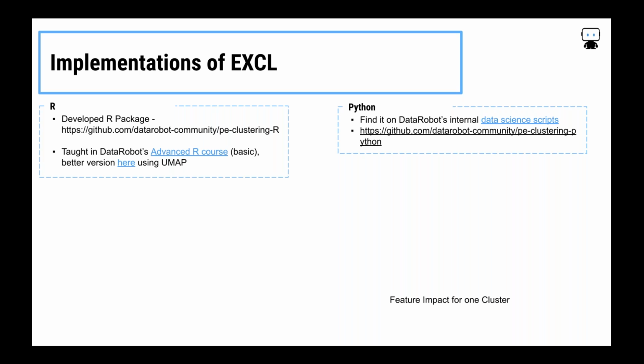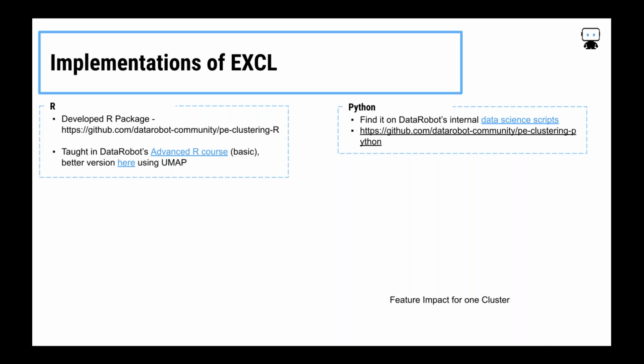Right. We have a number of different implementations that we've made of our explanation clustering, and this week we put them out on our community GitHub. So if you go out on GitHub and you look at the DataRobot community organization, you'll see a bunch of different repos that have to do with data scientists using it, but we've made two specific repos, one for the R package that we're going to demonstrate, and then as well we have a Python notebook that walks through using explanation clustering itself.